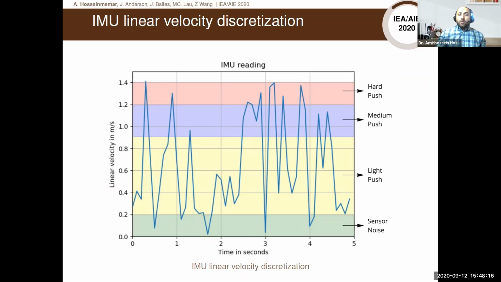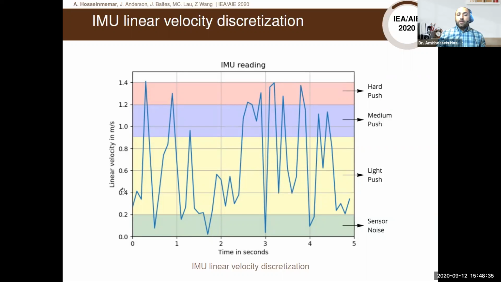The IMU, linear velocity discretization. So we have discretized the accelerometer for this robot. And we say that, for example, from 0 to 0.2 is sensor noise, and it is shown with a green color.